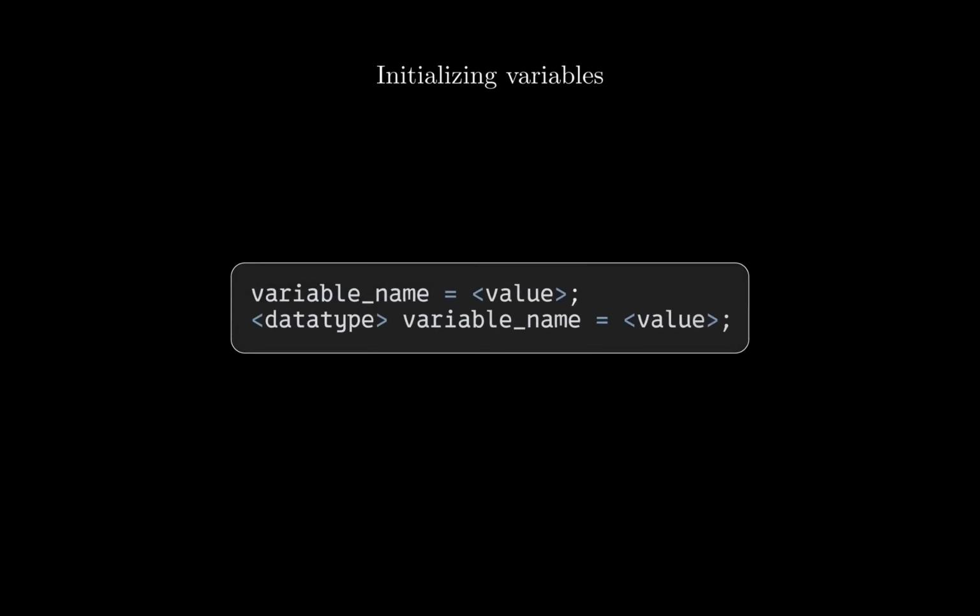Initializing variables. You can either declare and initialize separately like this, or declare and initialize in one go like this. The main point to note here is you never want to declare a variable and use it before it's initialized.